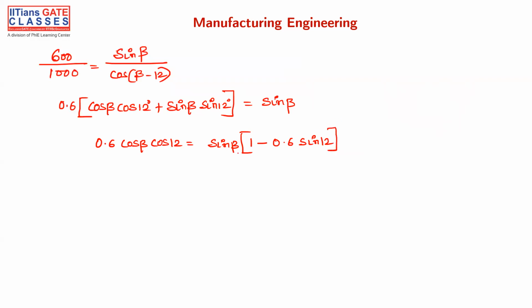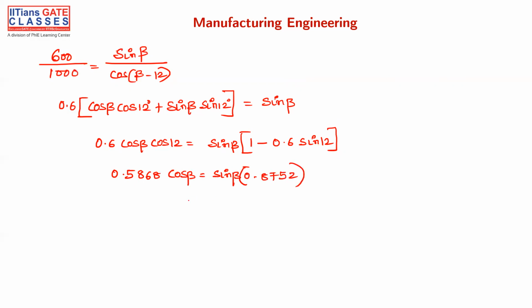And if you calculate the values of this, 0.6 into cos 12 is nothing but 0.5868 into cos beta is equal to sin beta into the value of that, which is 0.8752.